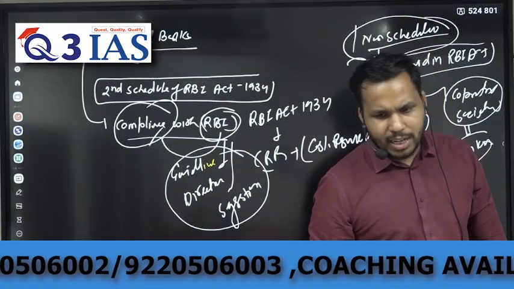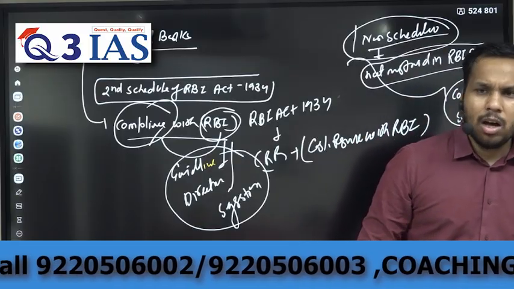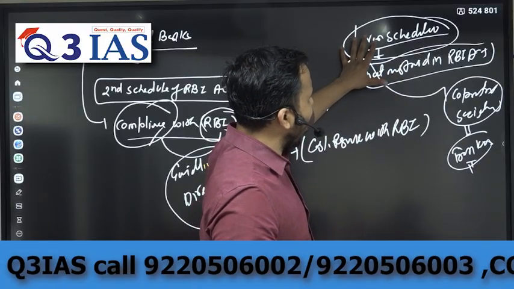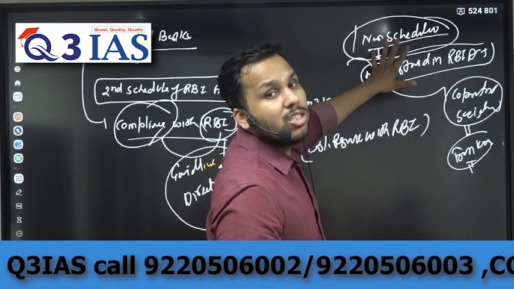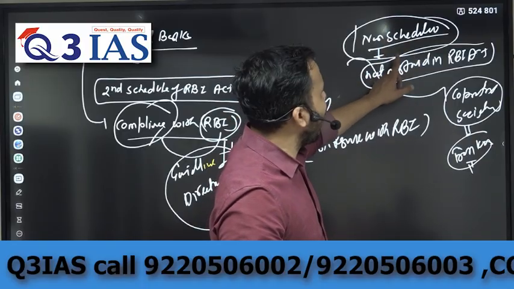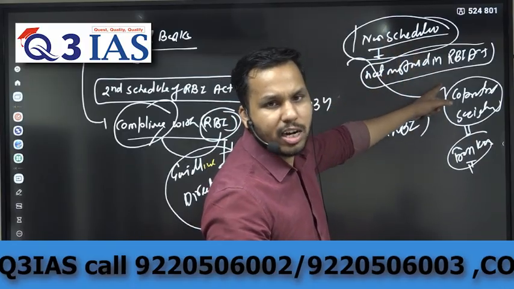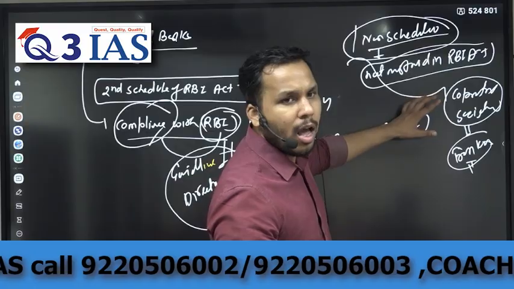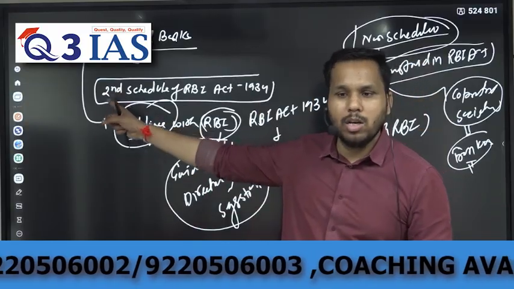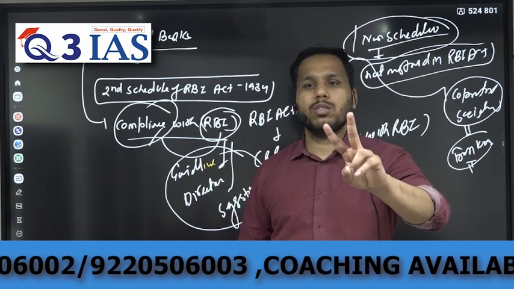So in that case, if these type of banks have a large base of customers, either these banks will be stopped and restricted by the RBI, or they will have to convert into scheduled banks. So there are only two options.